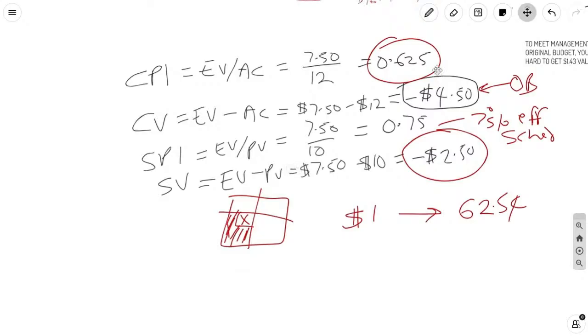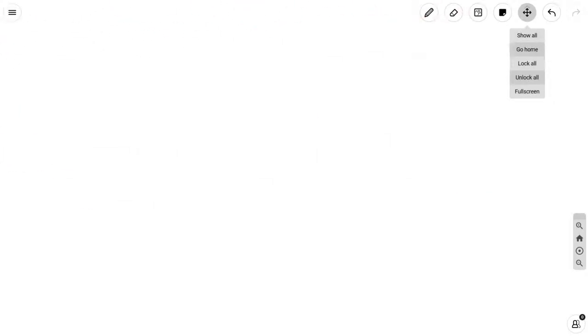All right. To better understand how earned value works, we should probably create a table, so you can better understand the metrics and, what should I call it, the implication of the metrics. So let's create a table real quick here.